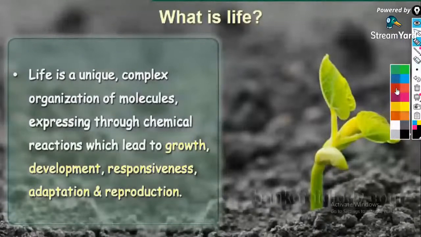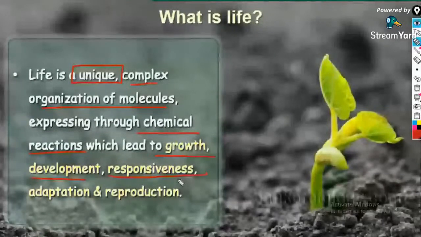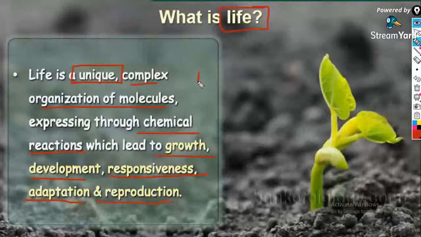Life is a unique, complex organization of molecules expressing through chemical reactions, which leads to growth, development, responsiveness, adaptation, and reproduction. That is referred to as life. I told you this was a previous year NEET MCQ: which of the following characteristics does not pertain to life?